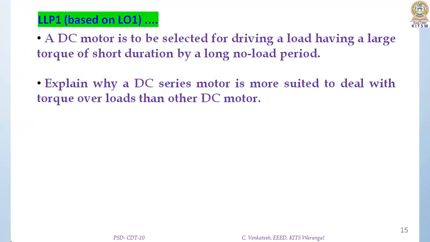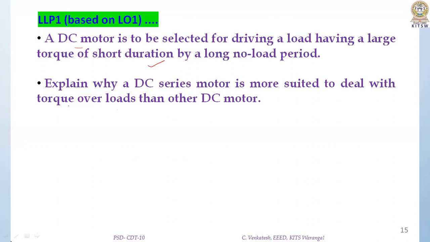So please try to answer this. A DC motor is selected for driving a load having a large torque for short duration followed by a long no load period. Which DC motor will you suggest for such application? That is the question. Similarly, explain why a DC series motor is more suited to deal with torque overloads than other DC motors.